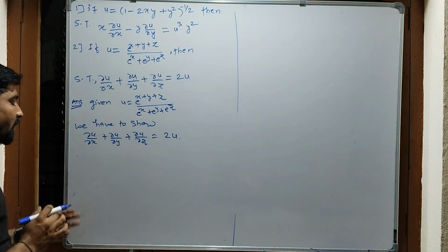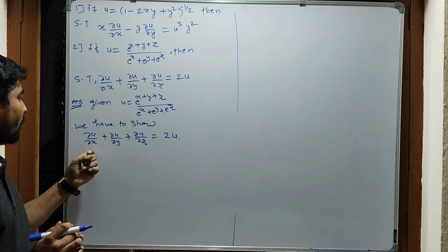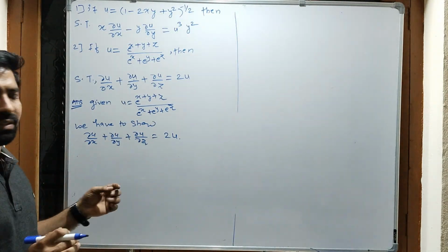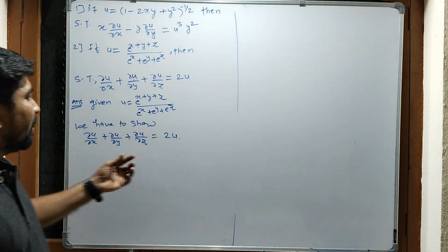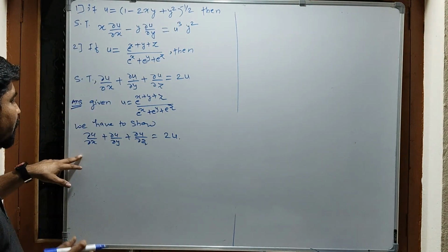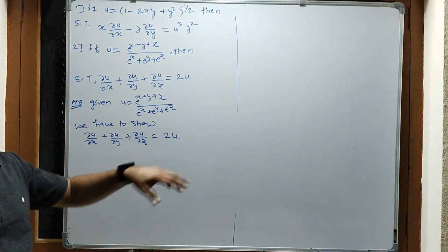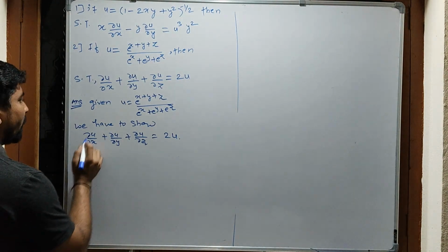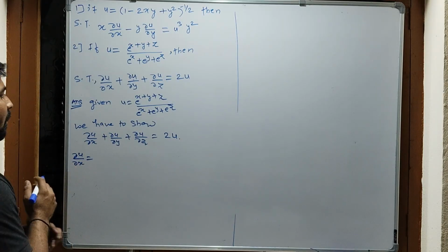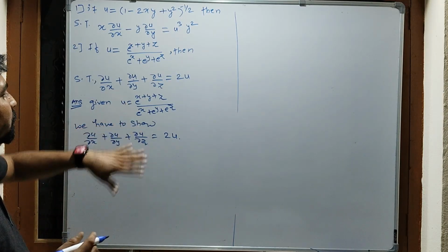So here now for left hand side I want to find dou u by dou x, first dou u by dou y and then dou u by dou z. Then I have to add all these things. So anyhow I want to show this sum of all these three things equal to 2 times u. So here how to find dou u by dou x. Now partial derivative of this function with respect to x.